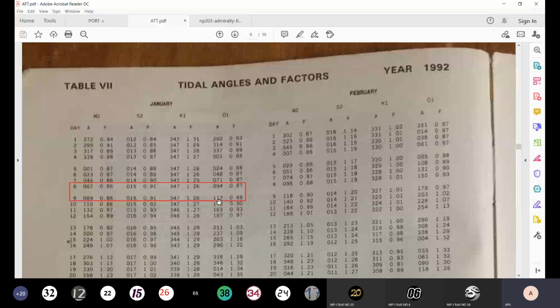Just fill up those data first for capital A under M2, S2, K1, O1. So I've got 89, 15, 347, 117 as capital A from table 7 under M2, S2, K1, O1.